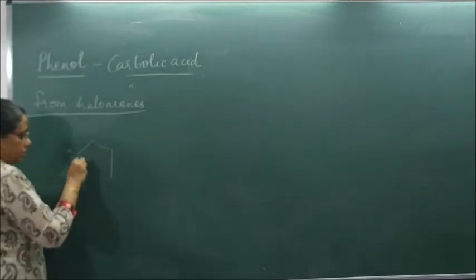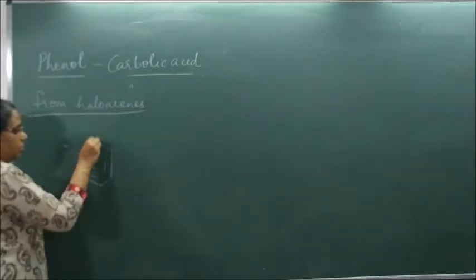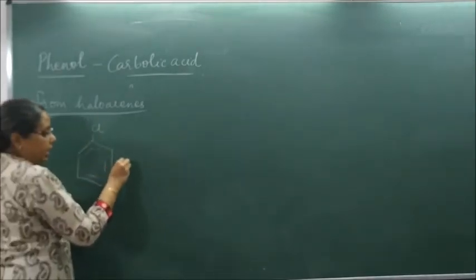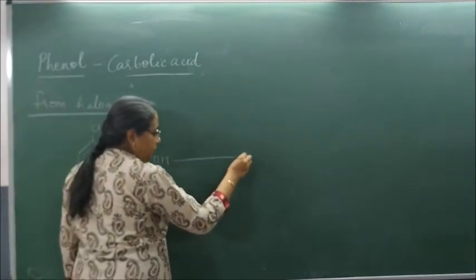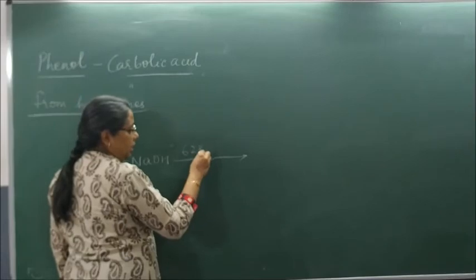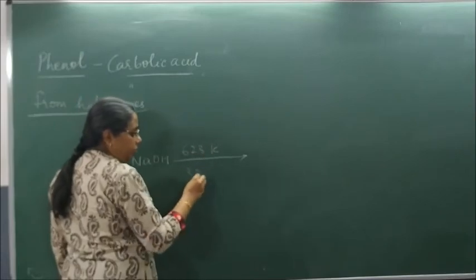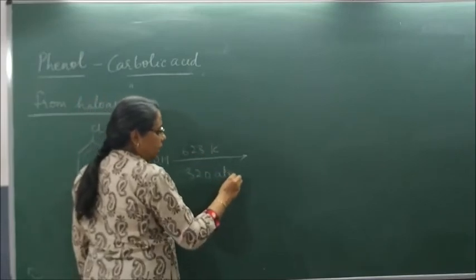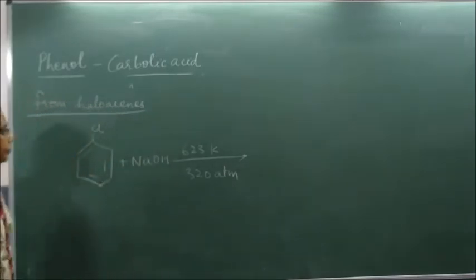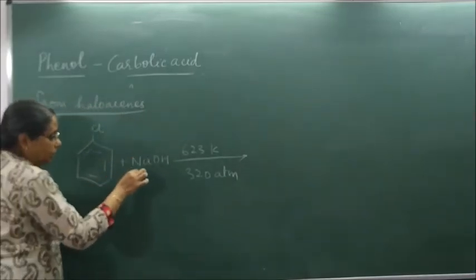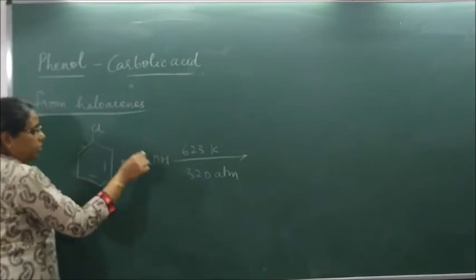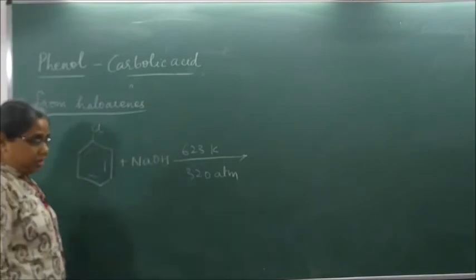So first, we take chlorobenzene. It reacts with NaOH at 623 Kelvin and 320 atmospheric pressure. This goes and adds up, and HCl is removed.